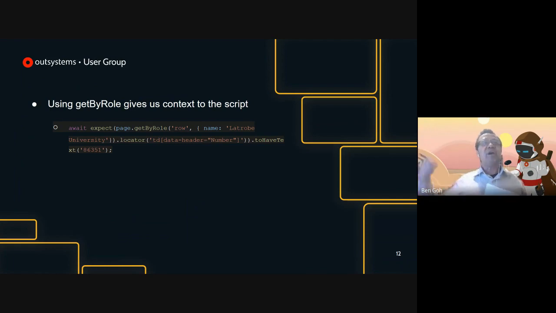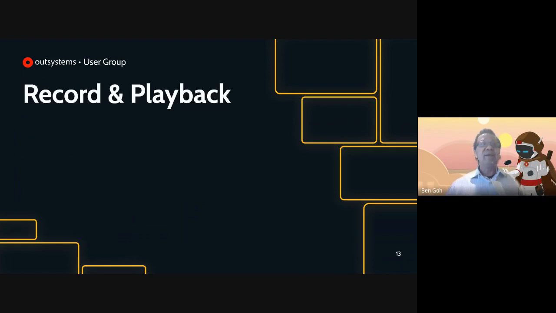We can say, yep, the header is the TD that has the value of our numbers, and to have text 86351. So this is how we perform the assertions. We've got lots of coding in here. Let me do a demonstration.